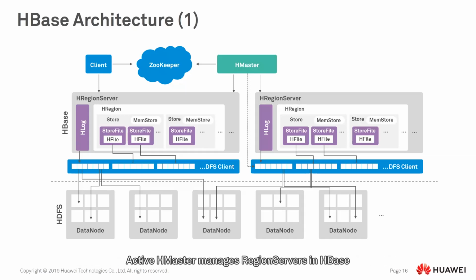Active HMaster manages region servers in HBase, including the create, delete, modify, and query of a table, balances the load of region servers, adjusts the distribution of regions, splits regions and distributes regions after they are split, and migrates regions after a region server failed. And standby HMaster takes over services when the active one fails. The original active HMaster serves as the standby HMaster when the fault is rectified.